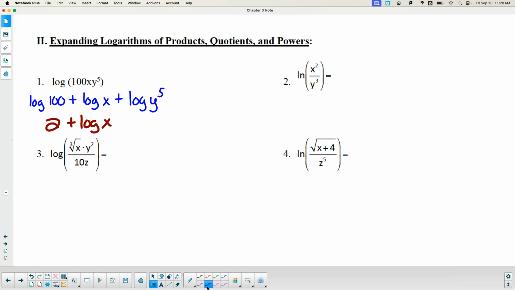This last one, I can apply the power property, and I can say that that is 5 log of y. And that, ladies and gentlemen, is the expanded form of that one.